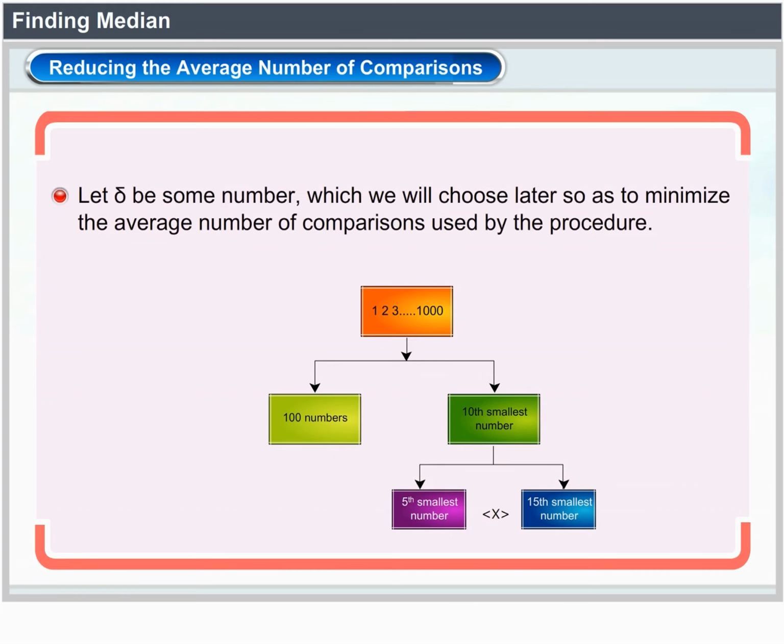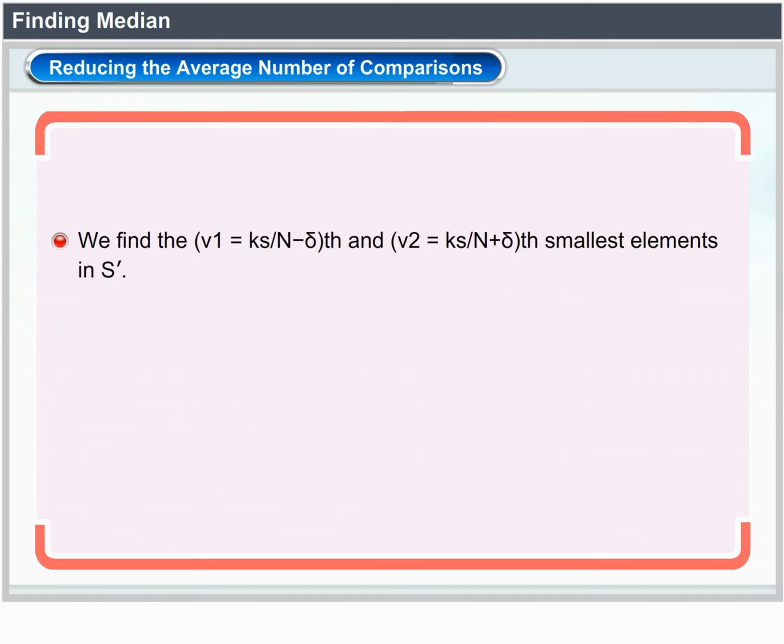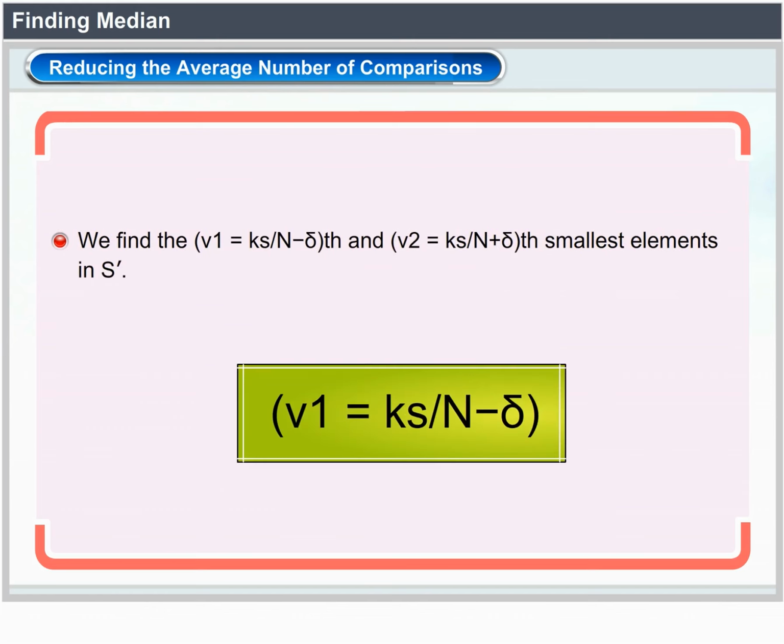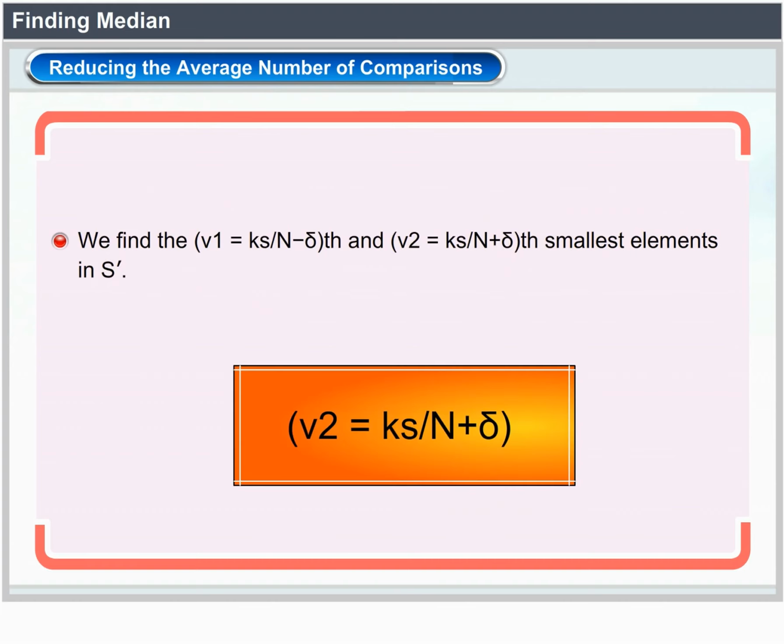Let delta be some number which we will choose later so as to minimize the average number of comparisons used by the procedure. We find V1 equals ks/n minus delta and V2 equals ks/n plus delta smallest elements in S'.